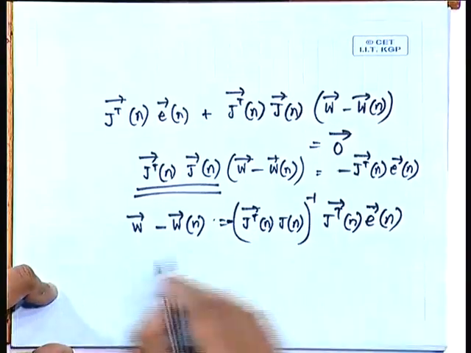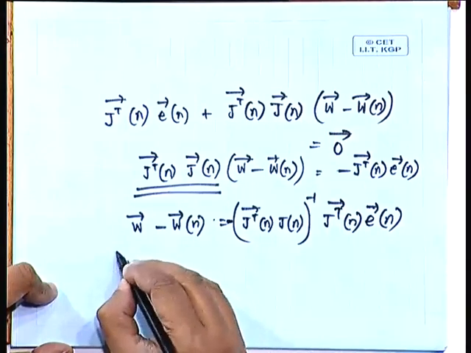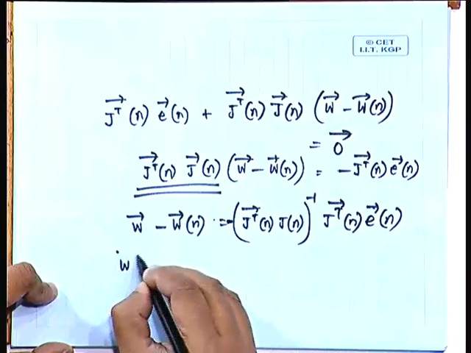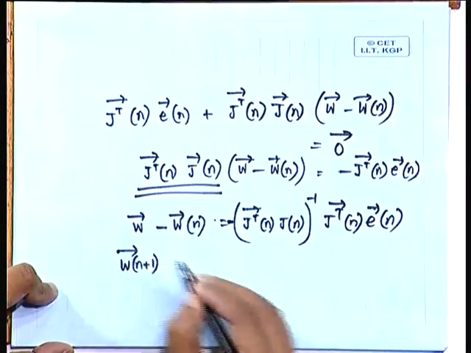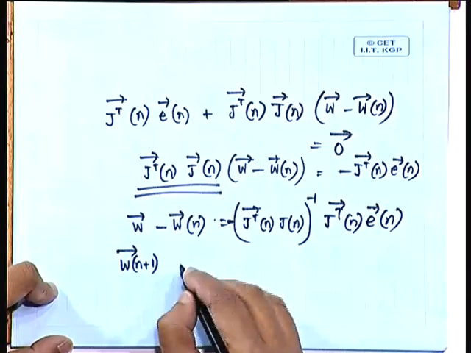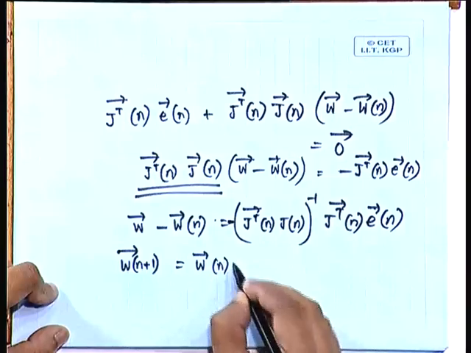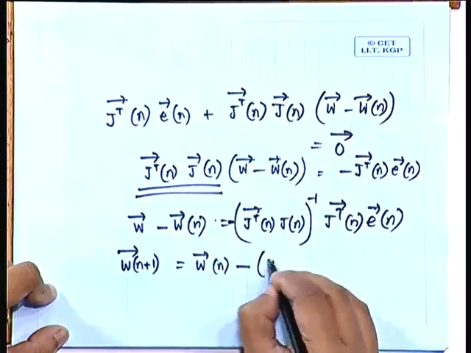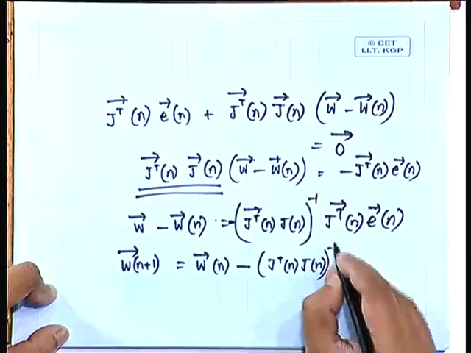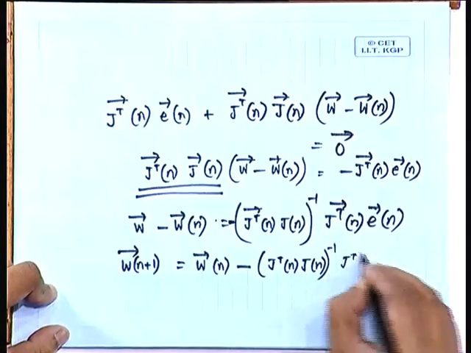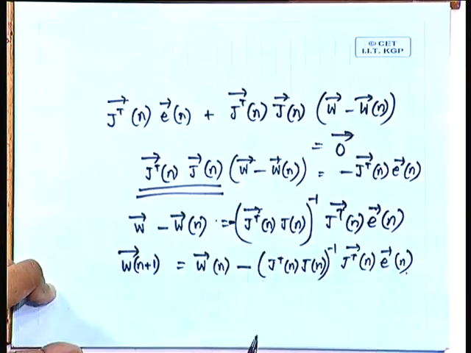So, that is why the expression that we are getting for the updated W, instead of calling it W, we are now going to call it W n plus 1, because this is the updated W. So, W n plus 1 is W n minus J transpose n J n whole inverse J transpose n E n, right.